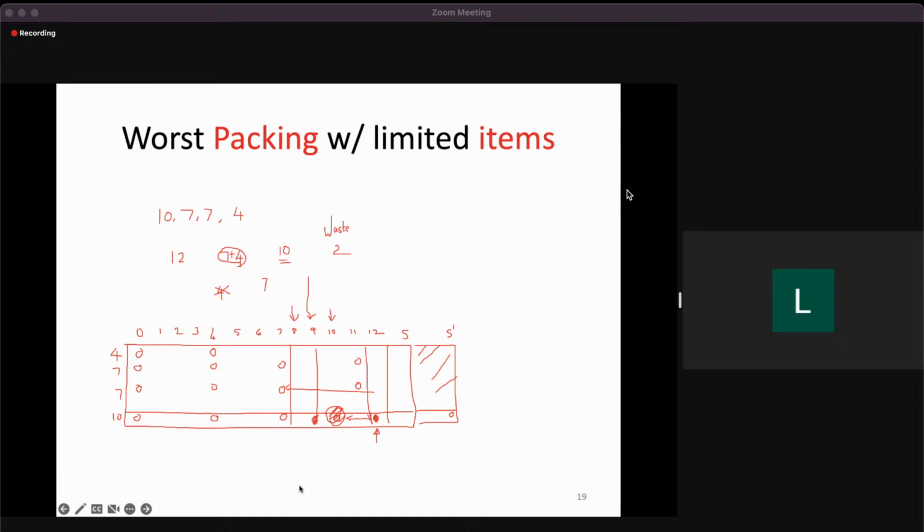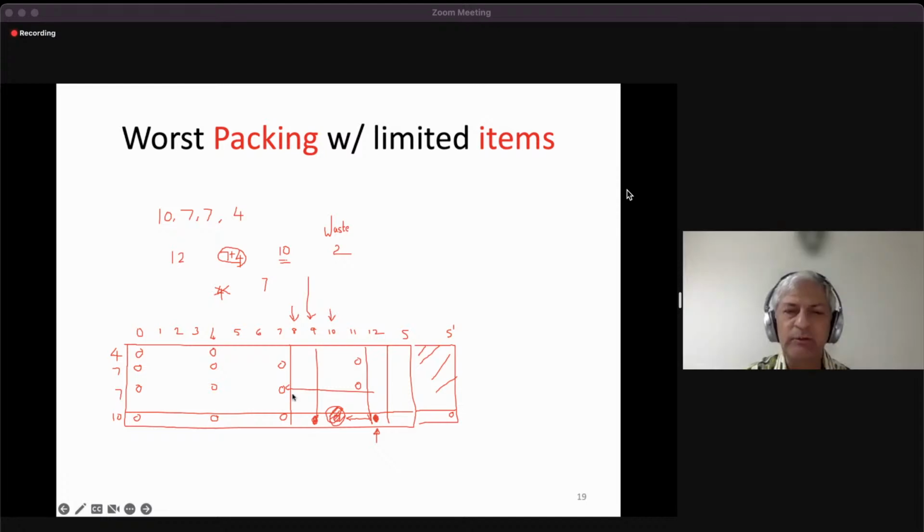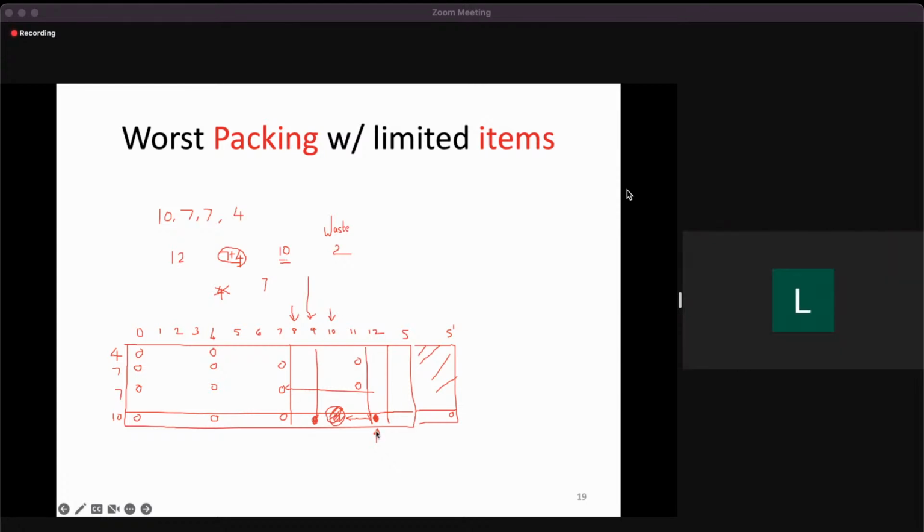Because you can't make, how can I ignore it for 9 and not ignore it for 12? Because it exceeds our number. Oh, I see what you mean. So if it were empty for every single one, then we would have to go over. So there would be a special case.